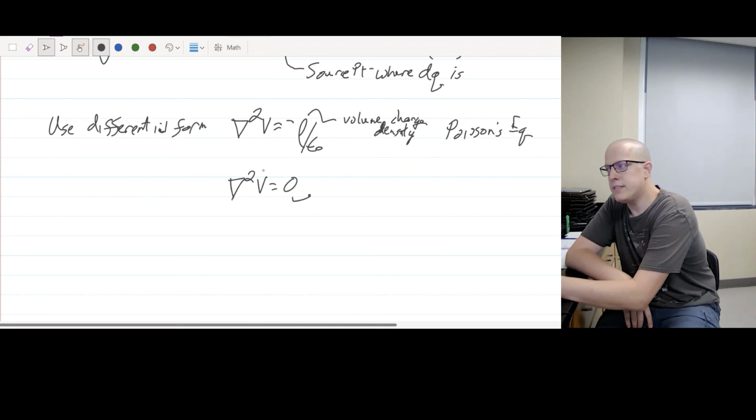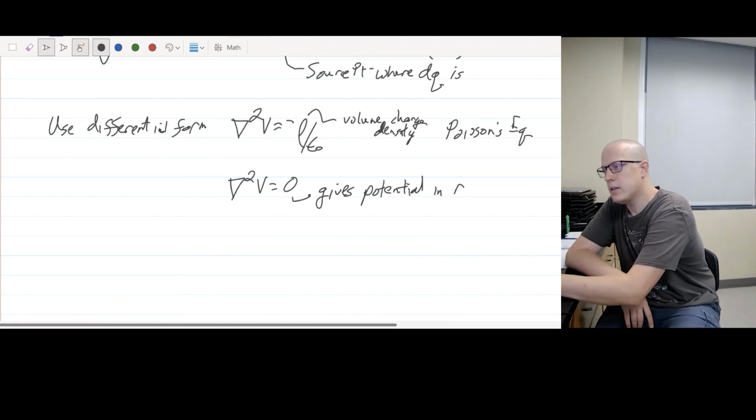This is the same kind of equation, but this is telling us the potential in regions where there is no charge.